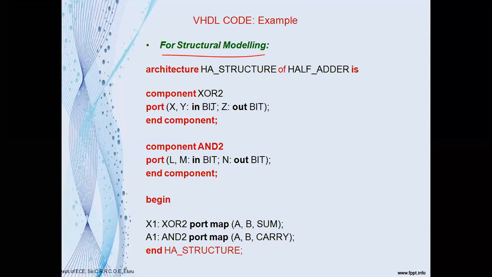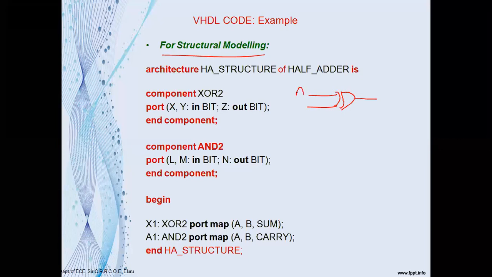To understand this structural modeling, we will consider the circuit diagram of the half adder circuit. You know the circuit diagram of a half adder circuit. I am drawing here the half adder circuit. This is for the sum expression.